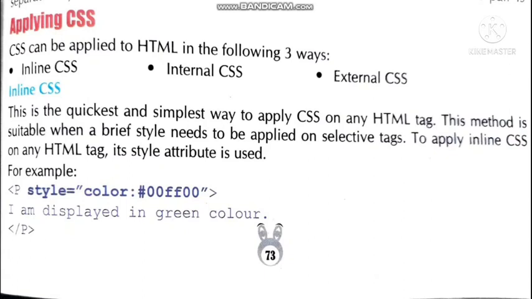Another one is internal CSS, which will help you to change the appearance of different tags. Like the font tag is used multiple times, and you want everywhere the font tag to appear in different ways, then you can go for internal CSS. External one is when you want the CSS file and your HTML file to be in separate locations, and it provides you more flexibility.